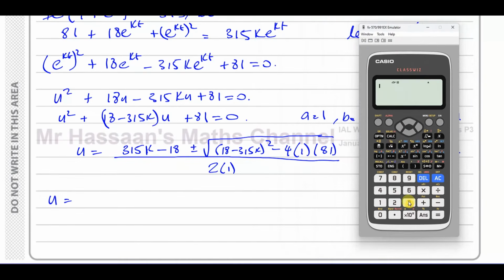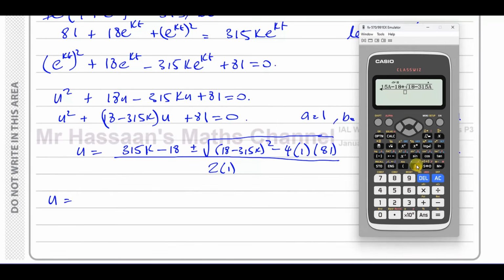So here I have 315 times a minus 18. In fact, before I do that, let me make my whole fraction. So 315 times a minus 18 plus, I'll start with the plus, the square root of 18 minus 315 a, so I'll put shift, that's a.